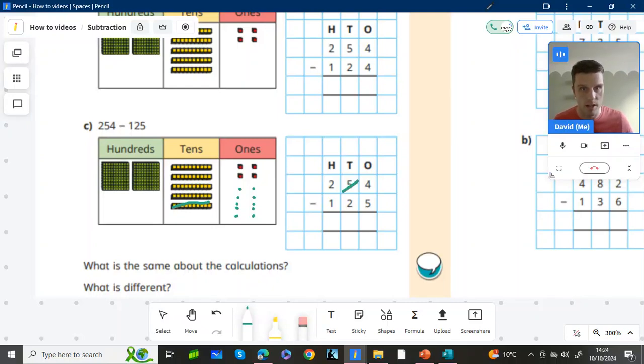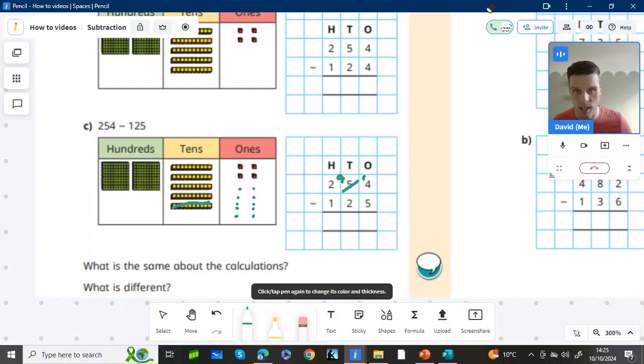I cross the 5 out. I'm going to reduce it by 1 because now there's 1 less 10. 5 minus 1 is 4. And I'm going to now, because I've got the 10 ones in the ones column, I put a little 1 next to the 4. So now that reads as 14. So 14 take away 5.